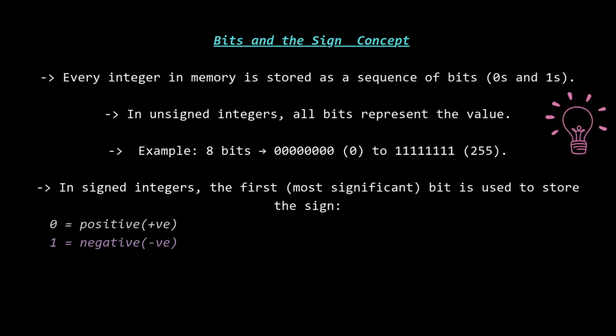Example, 8 bits, that's 0000 0000 to 1111 1111, which is 255. While in signed integers, the first bit, which is the most significant bit, is used to store the sign. We should remember that 0 stands for positive and 1 stands for negative.